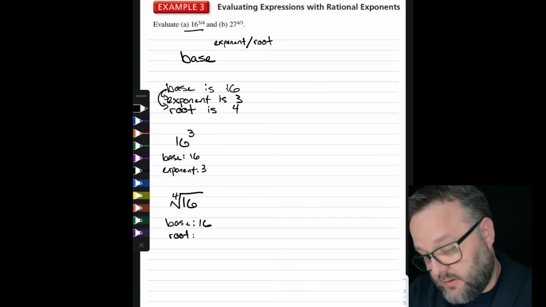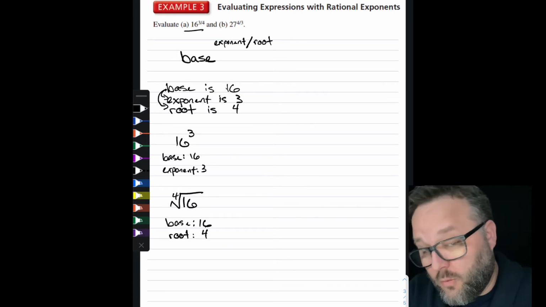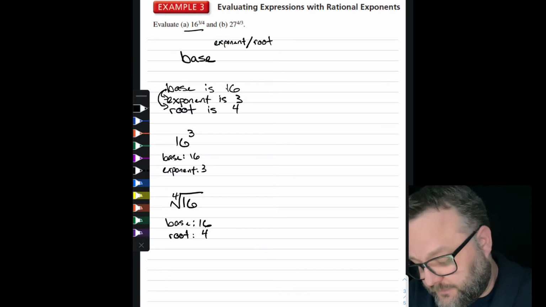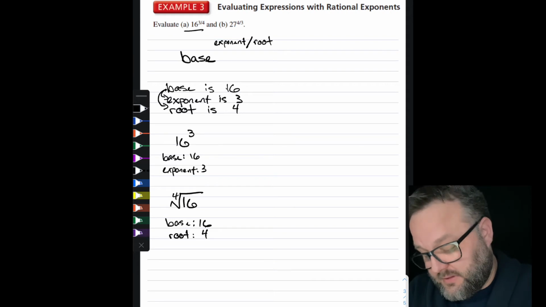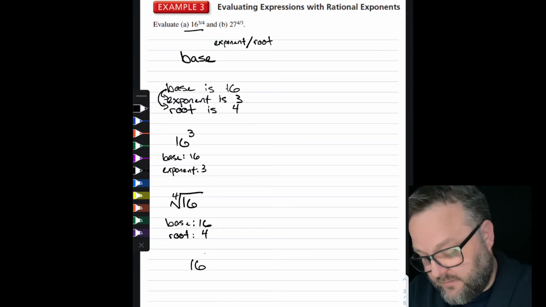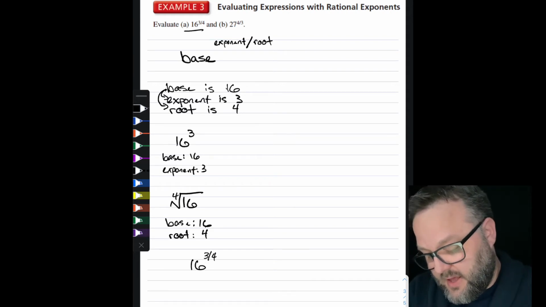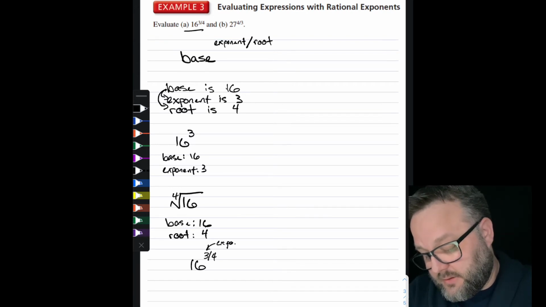Now here's the funny thing, and what I'm about to say is always true. When I write it as 16 to the 3/4, what I'm saying is this is my exponent to the base, and this is the root of the base and exponent.